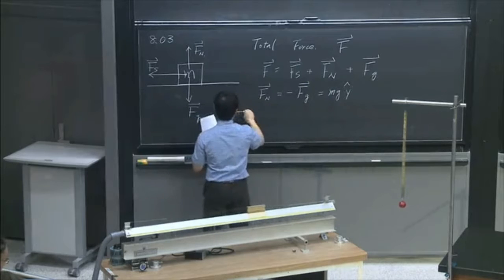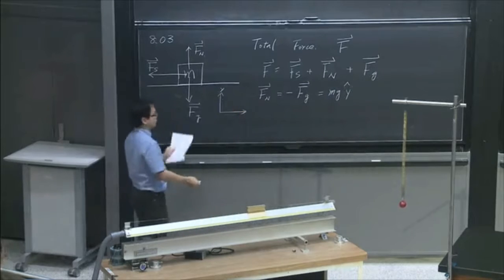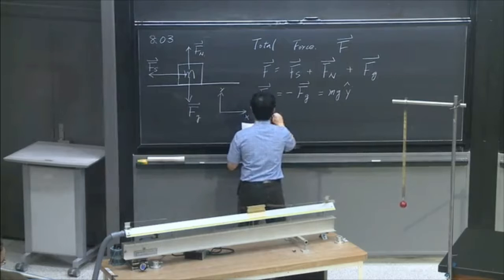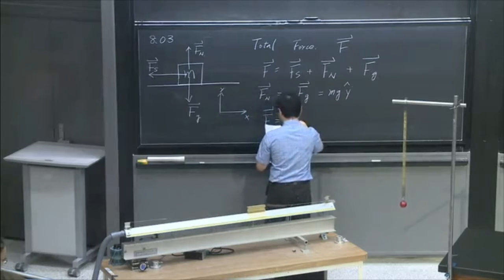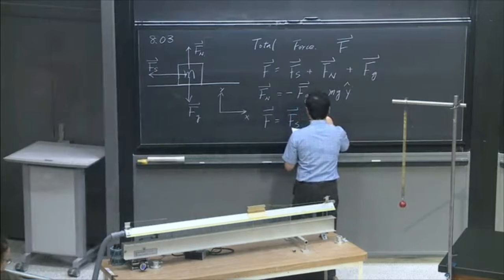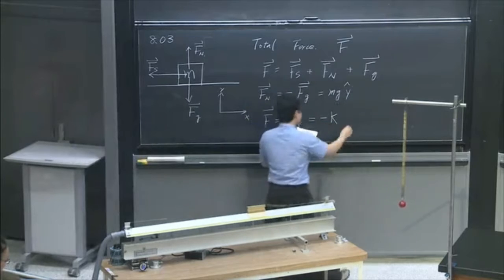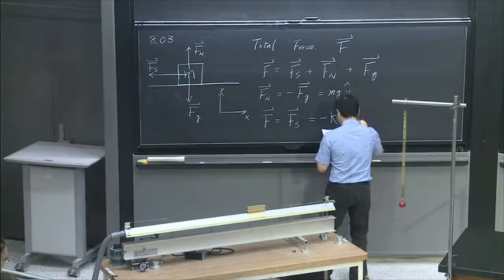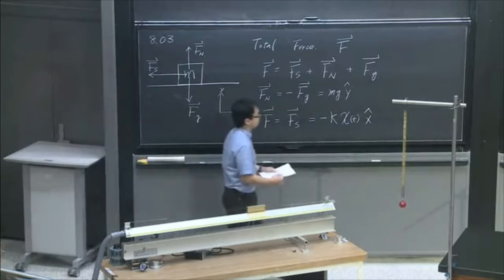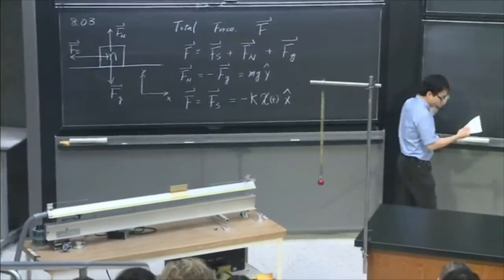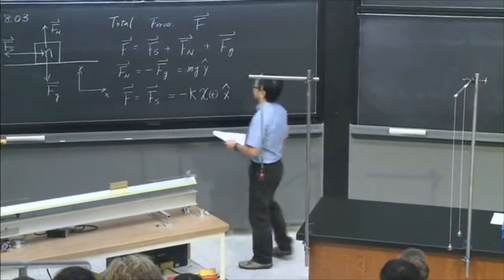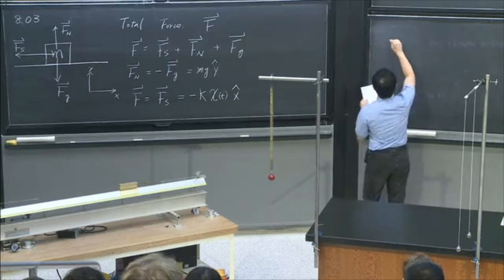Here I define y pointing up, and x pointing to the right-hand side. Therefore, the total force is just Fs, which is equal to minus k, the spring constant, times x, the position of the little mass at time equal to t. Once we have those forces and the total force, we can use Newton's law.